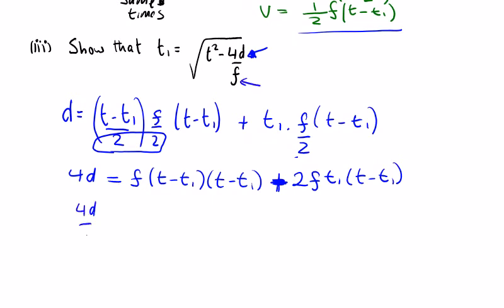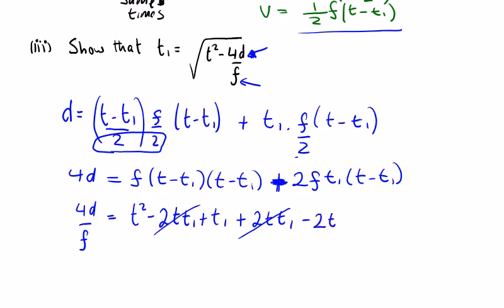4d over f is equal to, remove the brackets, t squared minus t by t1 twice, plus t1 squared, plus 2t times 2t1 times t, which is 2t t1. That's the same as that one. And then 2t1 by minus t1 is minus 2t1 squared.